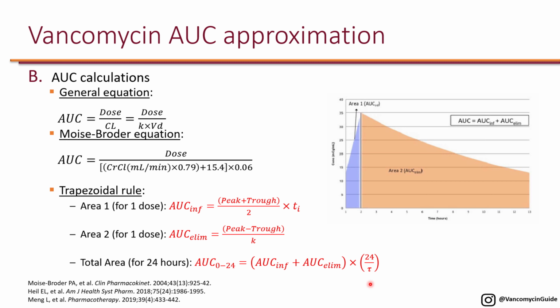For example, if your tau is 8, because you're giving the dose every 8 hours, 24 divided by 8 would be 3, so you multiply this AUC by 3 to get the AUC for a 24-hour period. On the other hand, if you're dosing every 24 hours, your tau is 24, so this cancels out. So these two areas will give you the AUC.